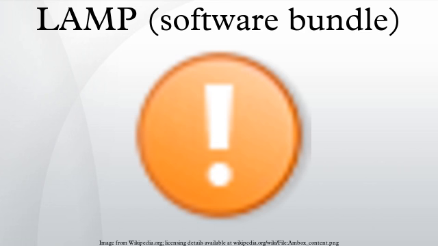Perl is a family of high-level, general-purpose, interpreted, dynamic programming languages. The languages in this family include Perl 5 and Perl 6. The Perl languages borrow features from other programming languages including C, shell scripting, awk, and sed.